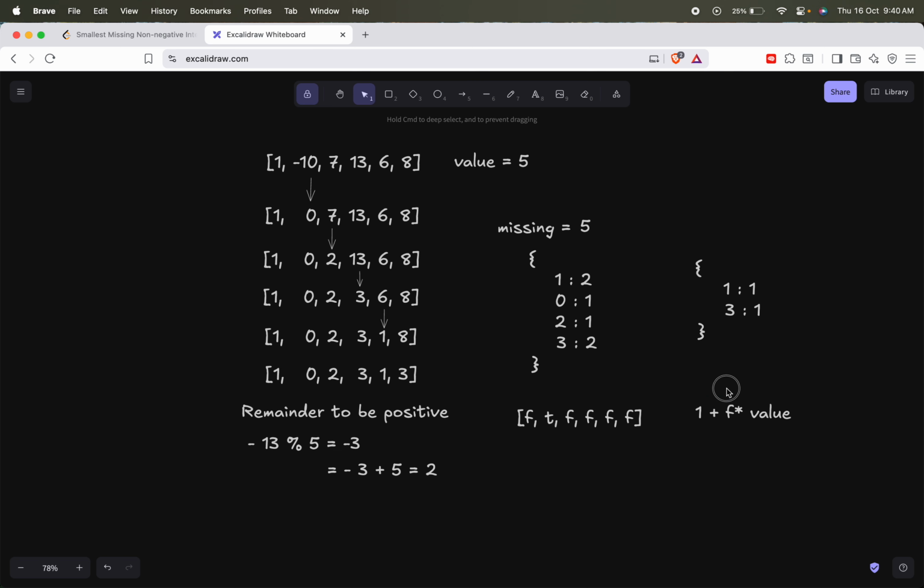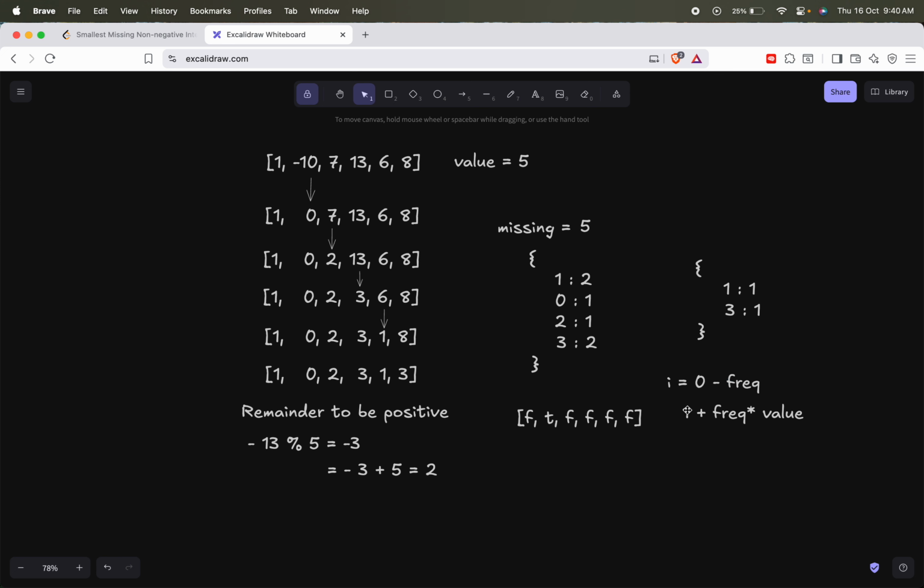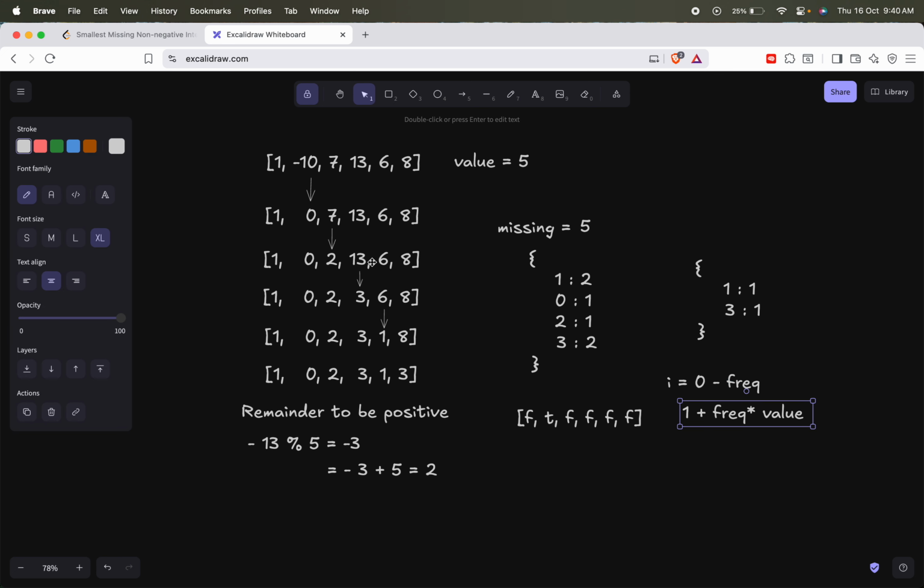Where the multiplier will go from 0 till the actual frequency value. Let's take it as i, so you won't be confused. If we have a number 1, remainder 1, which has a frequency equal to frequency, that means there is a possibility that all these possible values can exist in the array.